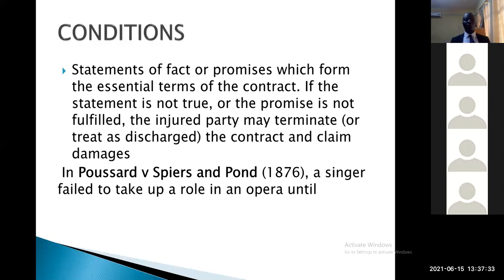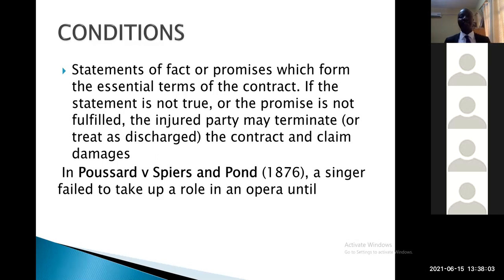So what is important, remember, is that a condition is a term of paramount importance. That is major importance. And why is this so? Because the contract depends upon that. So that if it is not true, if it is not there, if it is not carried out, it affects continuation of the contract.